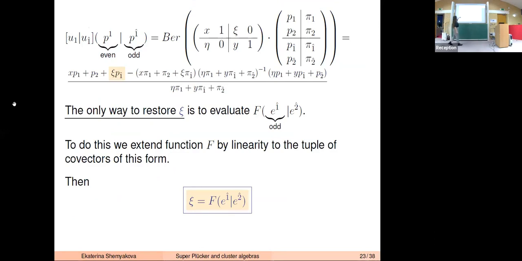And until you have psi, after some algebra, you see, okay, the only way I can restore psi is to substitute into my f an odd vector, an odd connector, into the even place. So my function is only defined for even first argument, even connector, and odd connector at the same time. Now to reconstruct, I need to plug in an odd one here.